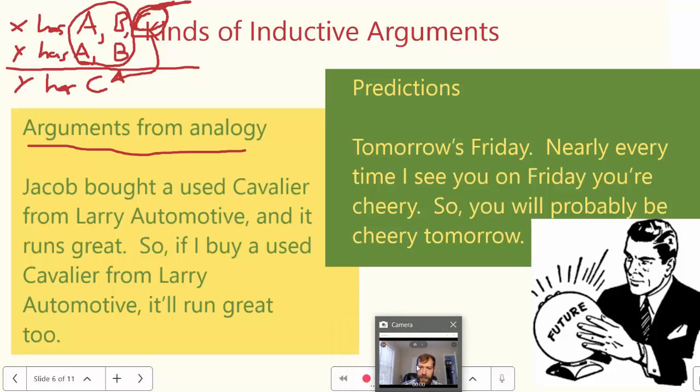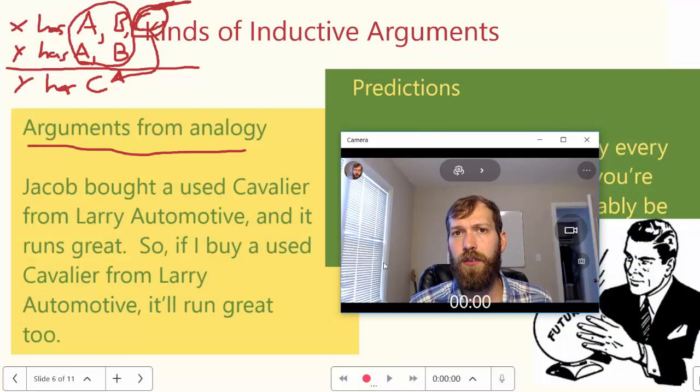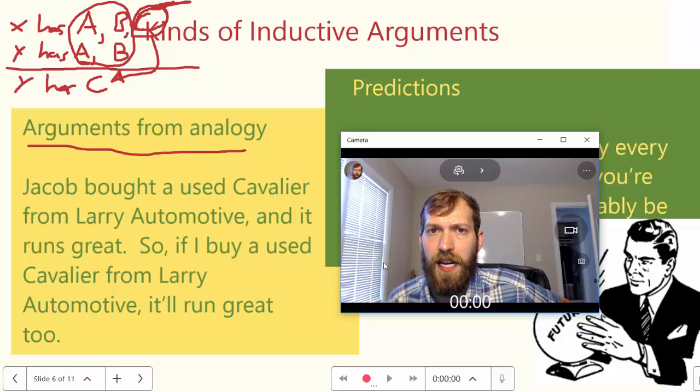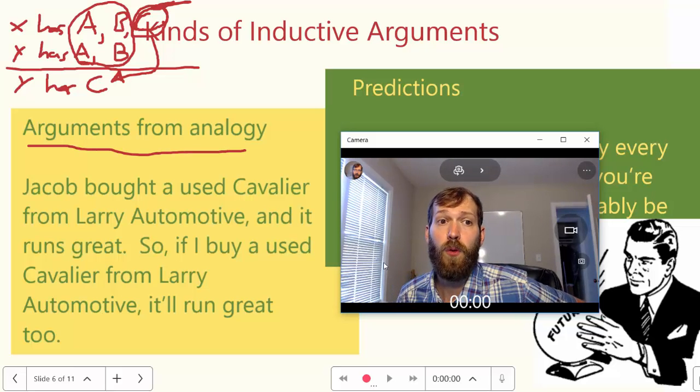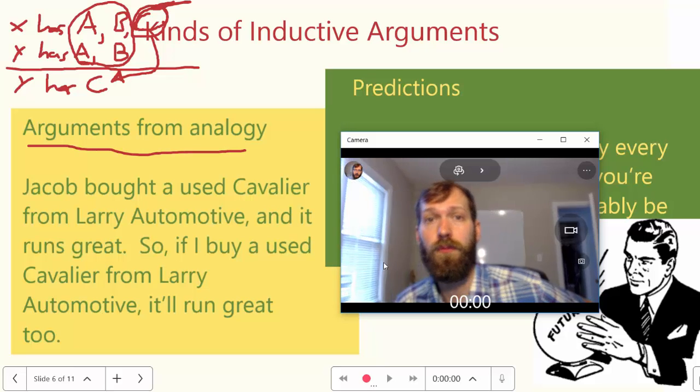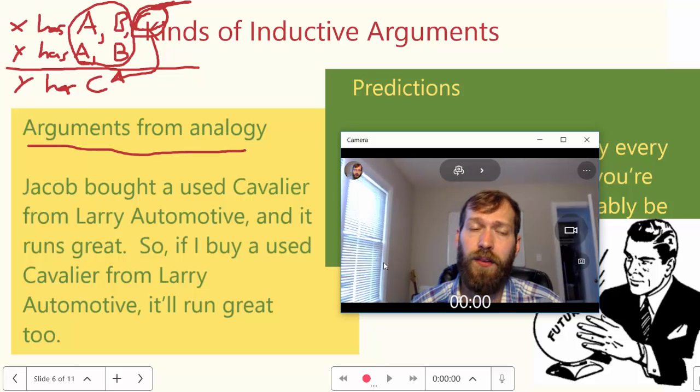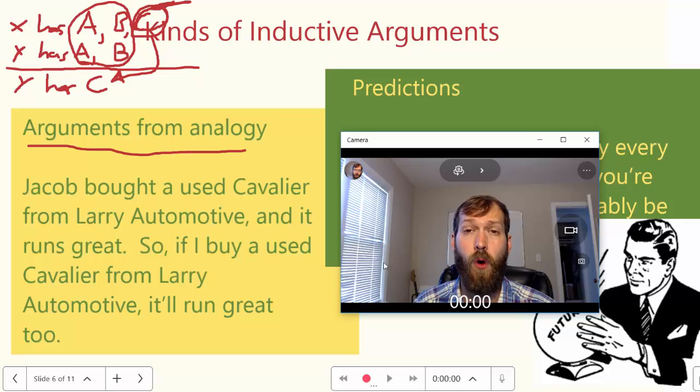So again, the idea is that because we see these other similarities, we can expect one property that we know one object or event has, that this other object or event will also have that property.